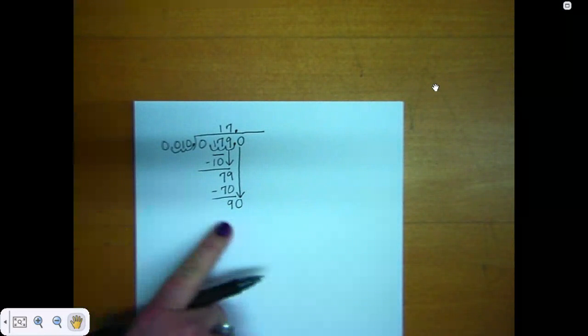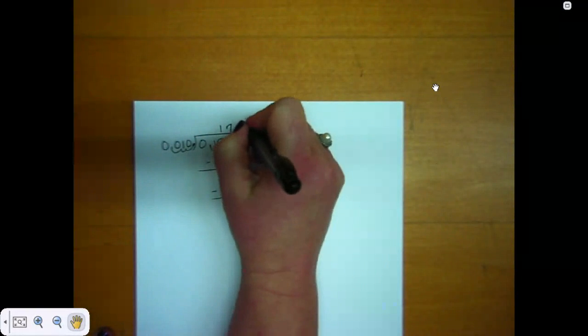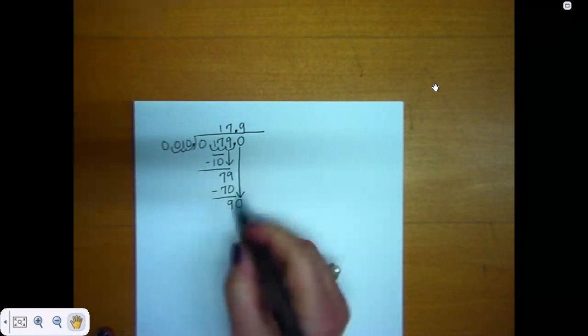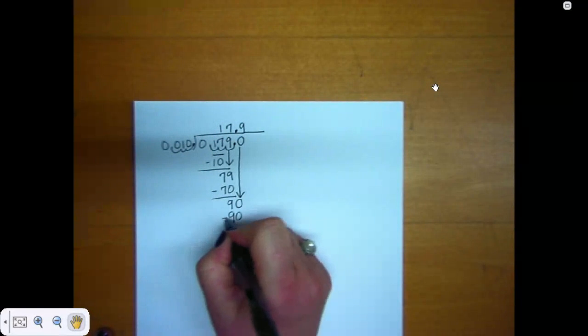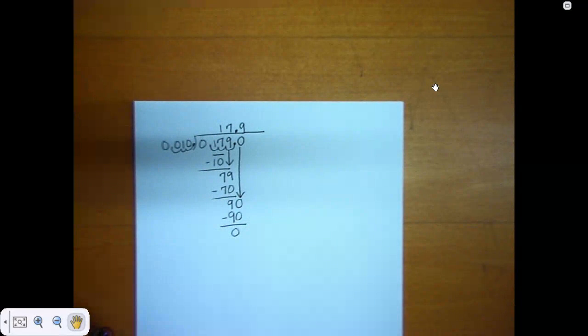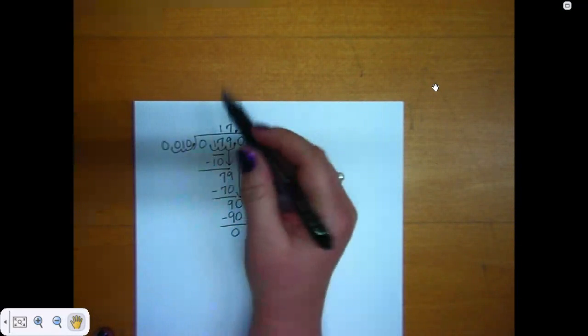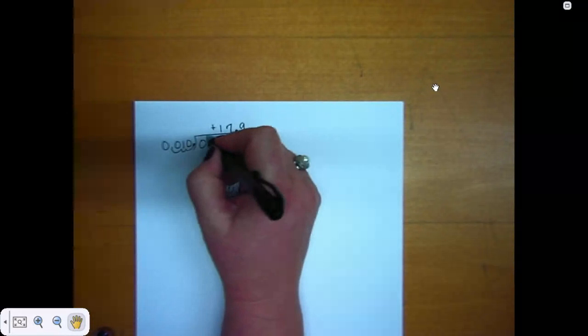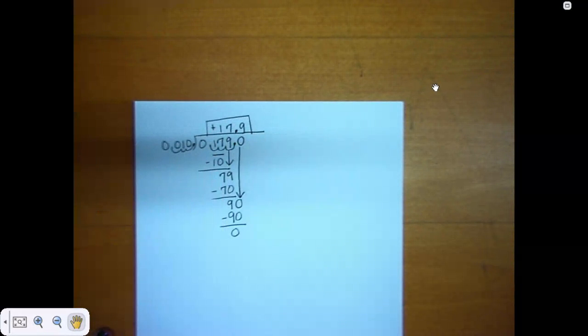So 10 will go into 90 9 times. 9 times 10 is 90. And we get 0, so I know I'm finished with this problem. And my answer is positive 17.9, or we could also say that as positive 17 and 9/10.